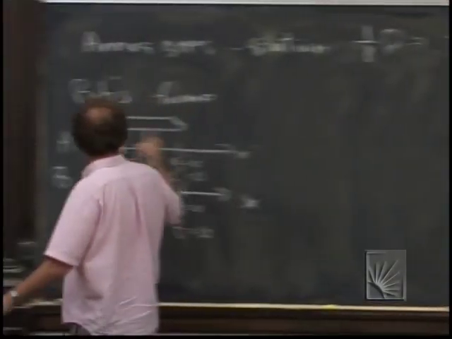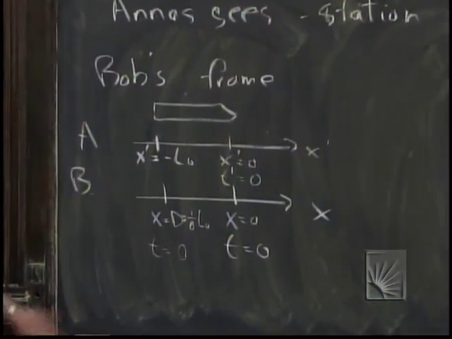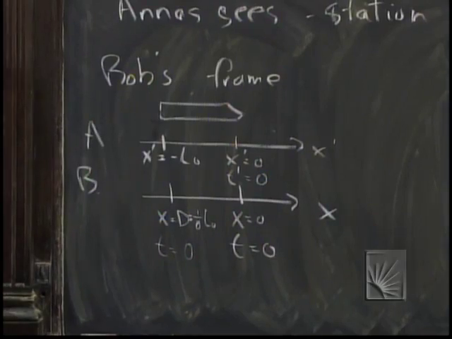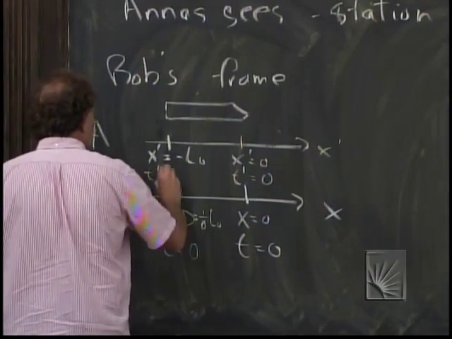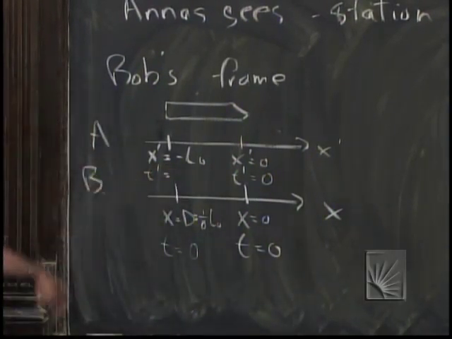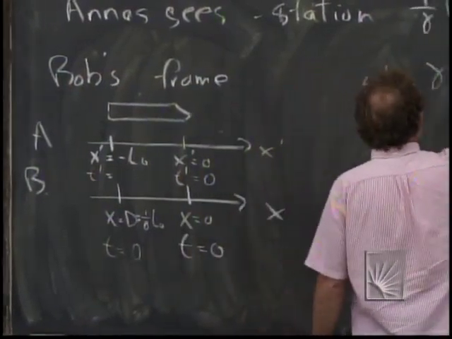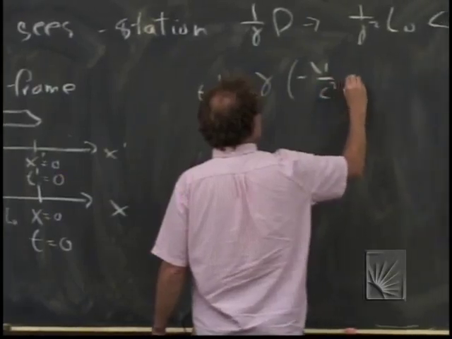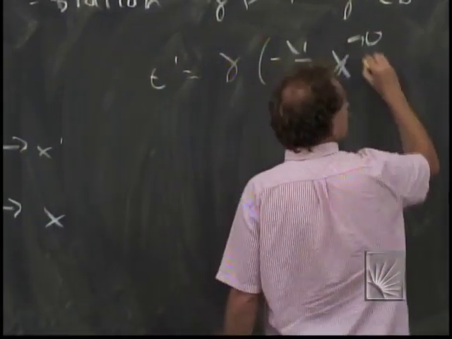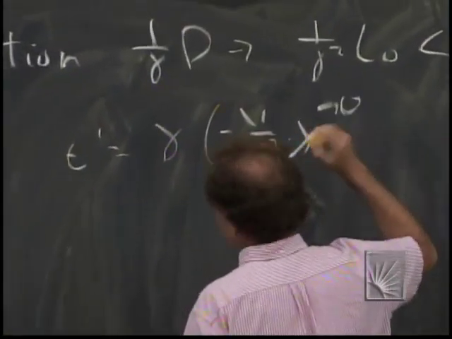On the other hand, we're at the back of the rocket in Anna's frame, and the rocket in Anna's frame was L0 long. However, and here's the kicker, T prime equals what? T prime is going to be gamma times (T minus V over C squared X). Well, X is 0. No, it's not.